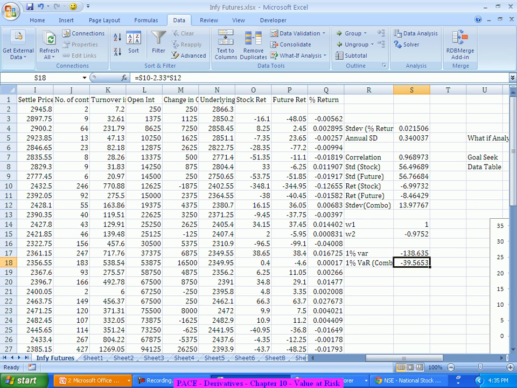So the intention of companies is always to reduce the VAR to a large extent by building these kinds of portfolios. You see that the portfolio VAR has greatly reduced. Just by getting into a futures contract here, I am able to reduce the VAR from 138 to 39.